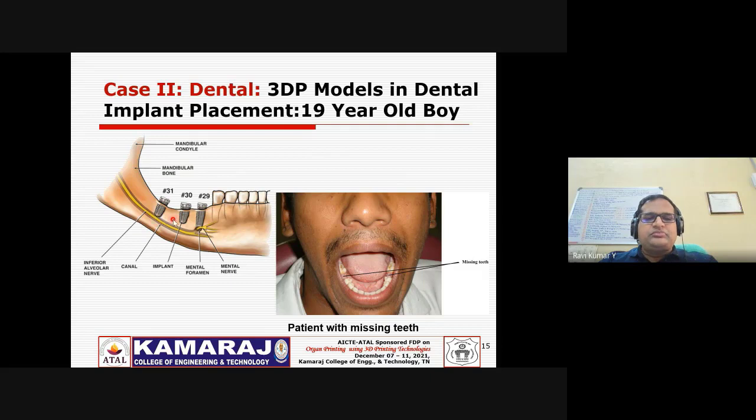So then you have an opportunity here through 3D printing. You can print this model, and they can rehearse the surgery based on the model that has been captured from the patient.